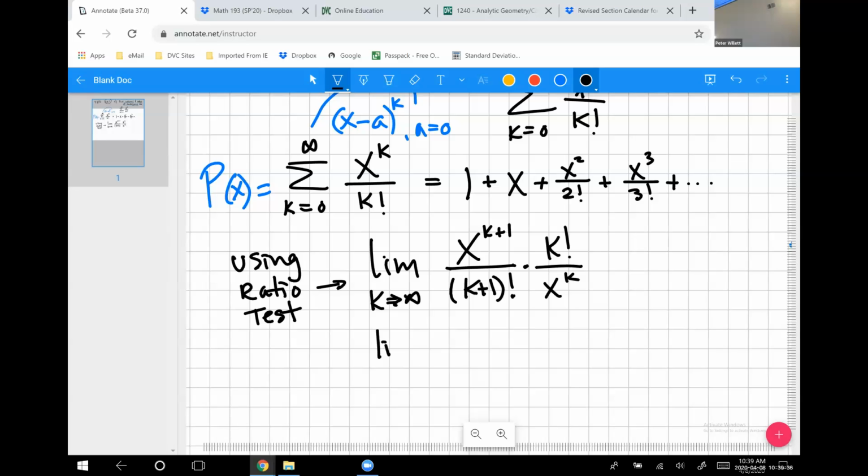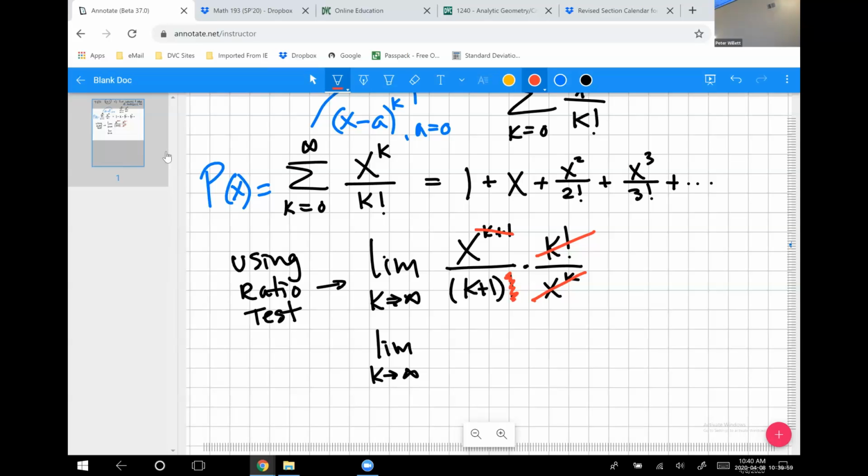So like before, this will simplify, because this cancels out with x to the k plus 1, just leaving x. And k factorial cancels out with k plus 1 factorial, just leaving k plus 1.